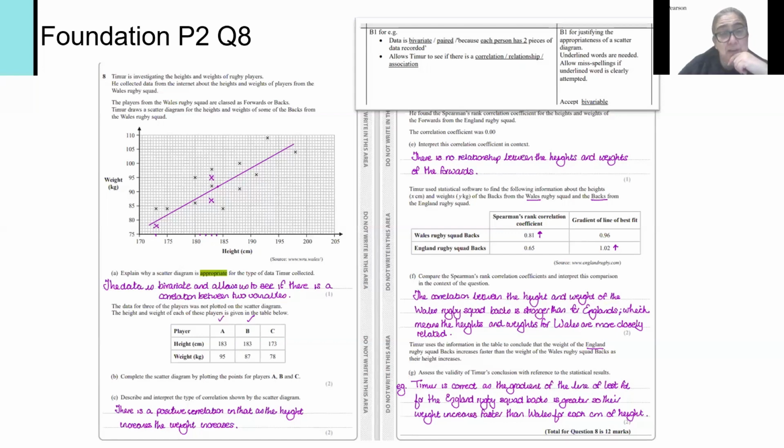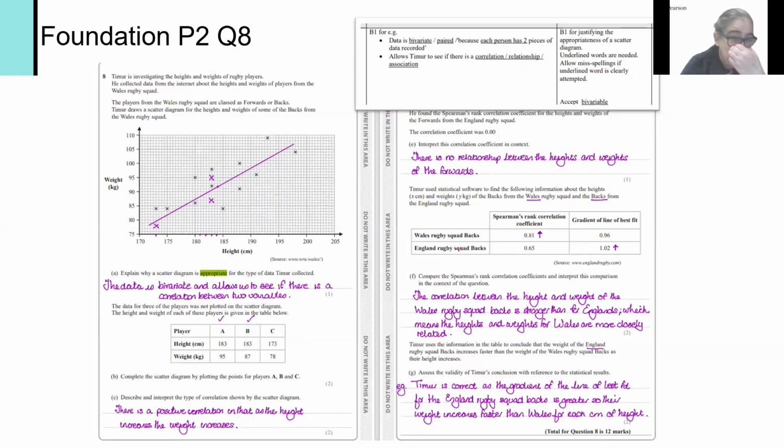We were really looking for it to be because the data's bivariate, or it shows a relationship between 2 variables. That should be well answered by everybody.